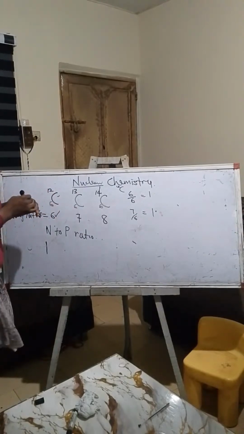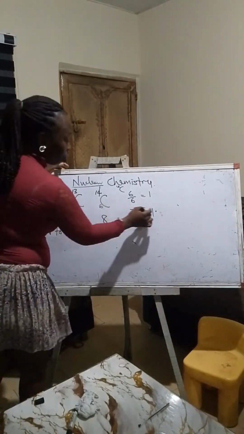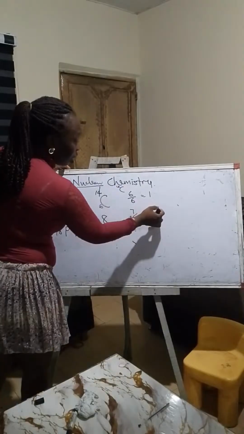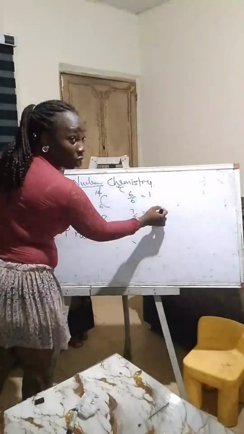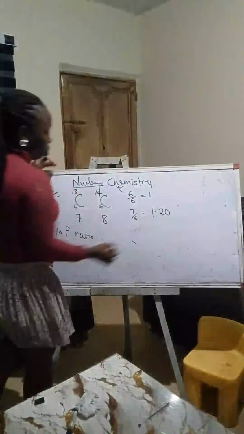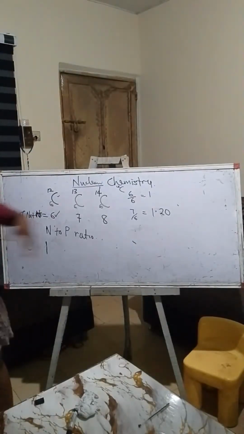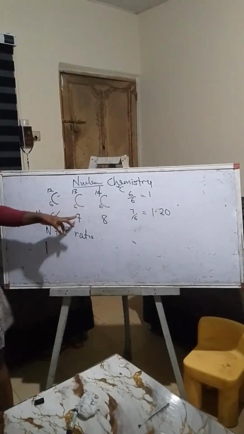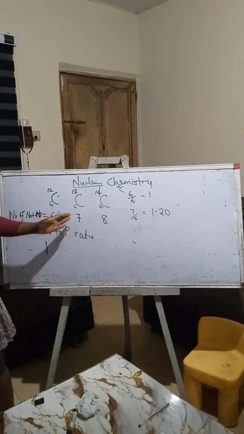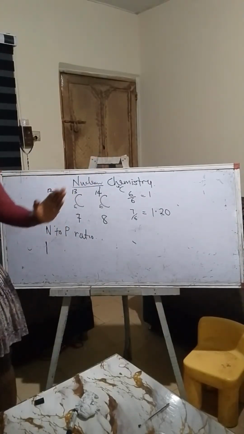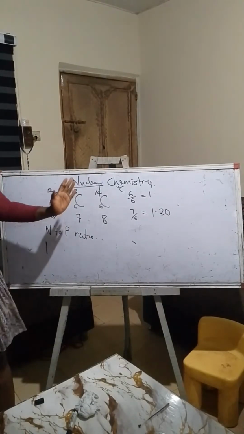So 7 over 6 gives us 1.2. You see that it is greater than 1. So this is not stable. This will try to move towards the belt of stability because it is not stable.